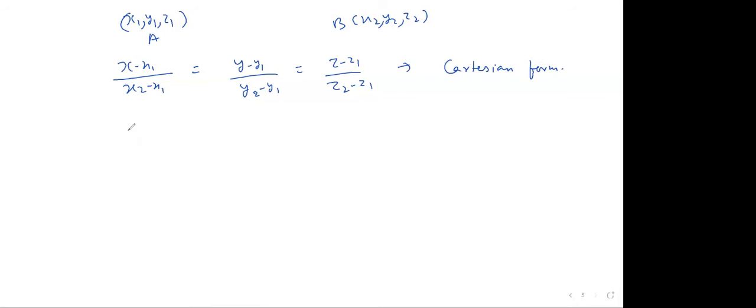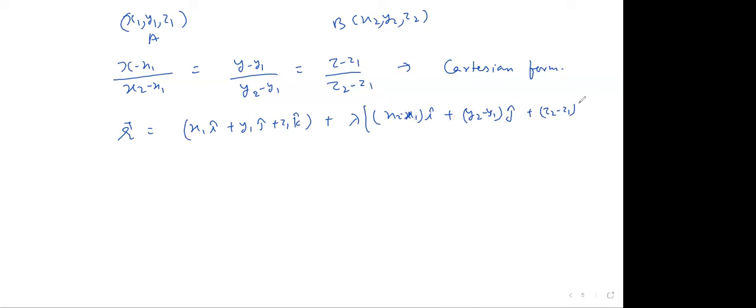And in vector form, r vector equals x1 i cap plus y1 j cap plus z1 k cap, plus lambda times ((x2 minus x1) i cap plus (y2 minus y1) j cap plus (z2 minus z1) k cap). This is the vector form.